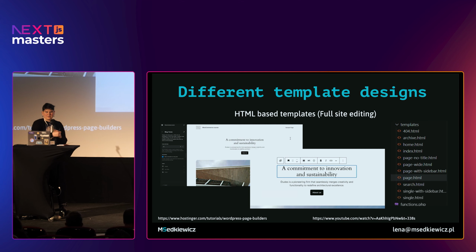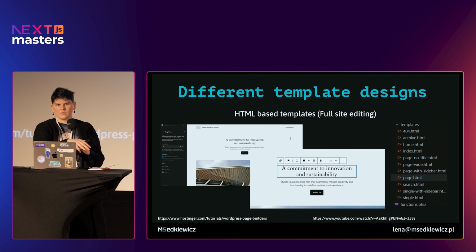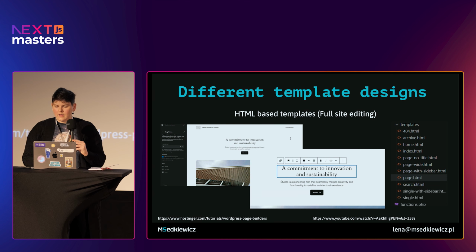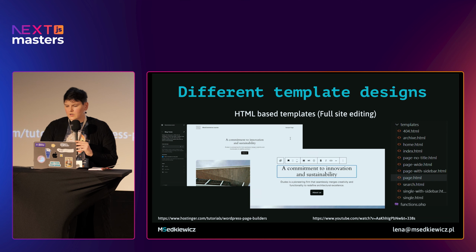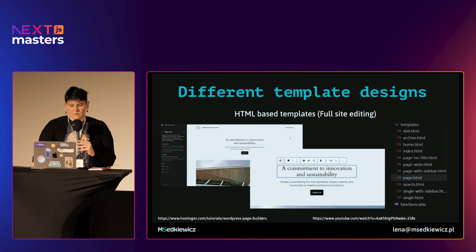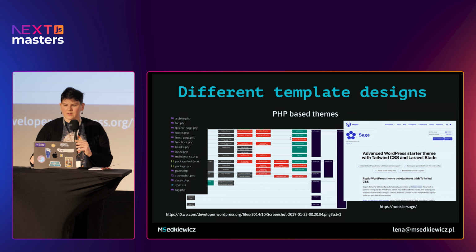So the user just uploads the template, changes something on the front side of the website, and it's changed. So you have an editor in there. It's based on HTML, JSON, some other stuff like PHP. So there is no React here. This is the traditional way of writing templates in WordPress, so PHP-based themes. So still no React here.